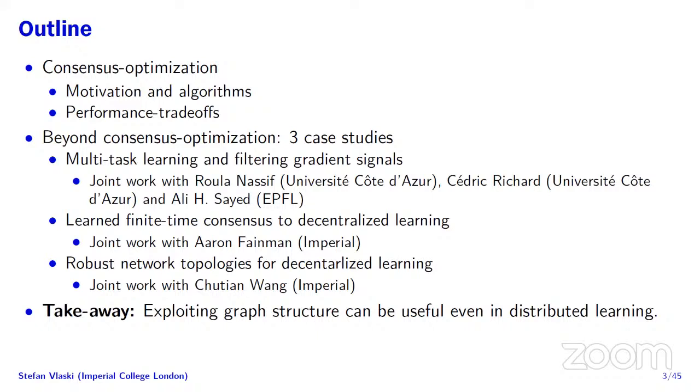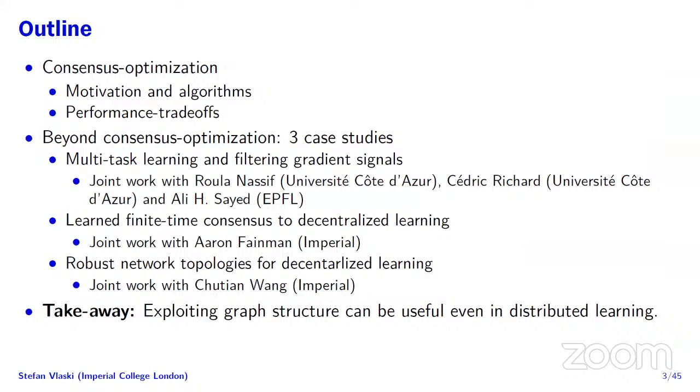So for some, this will be quite a familiar topic, but I can also imagine that some people who might be interested in GSP, but not necessarily distributed learning, might benefit from a more, let's say, broad introduction to distributed learning, okay? So I'll talk a little bit about different kinds of motivation and algorithms that we have in that setting, and also about performance trade-offs, because that's going to essentially set the scene for then going beyond, okay?